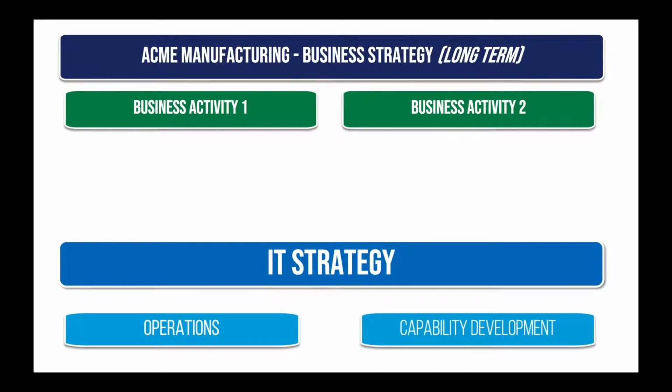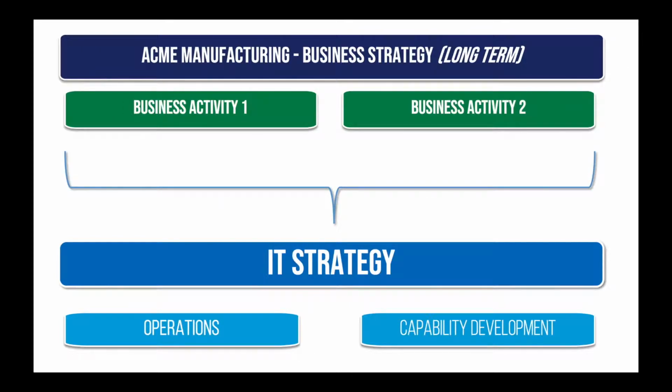So when we come to IT strategy, and this is the focus of the video today, it is how to take those business activities and turn them into an IT strategy for operations and an IT strategy for capability development within an IT organization. So let's dig a little bit deeper into what these things mean for us.